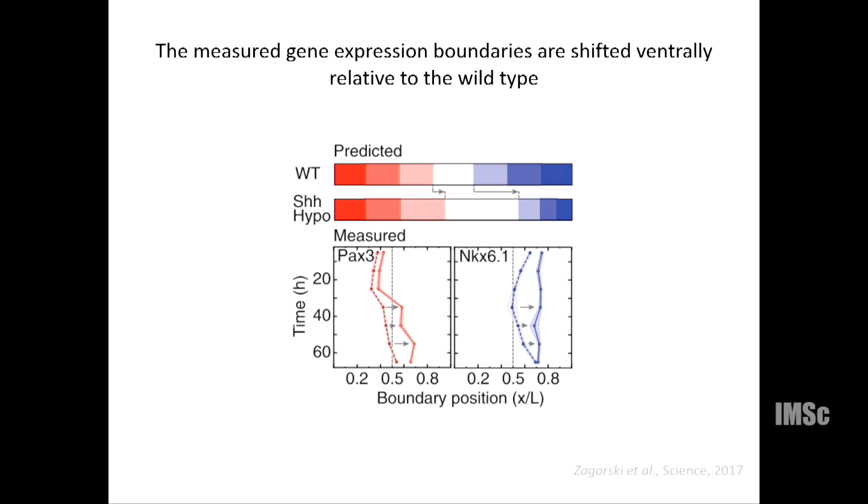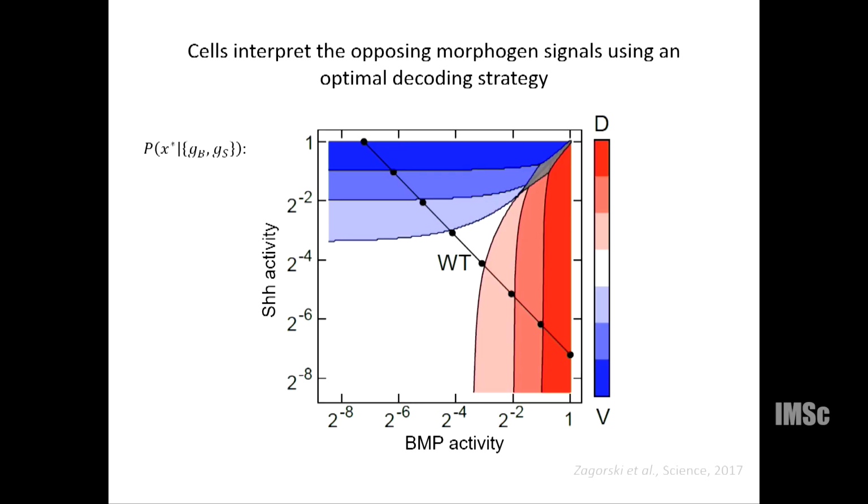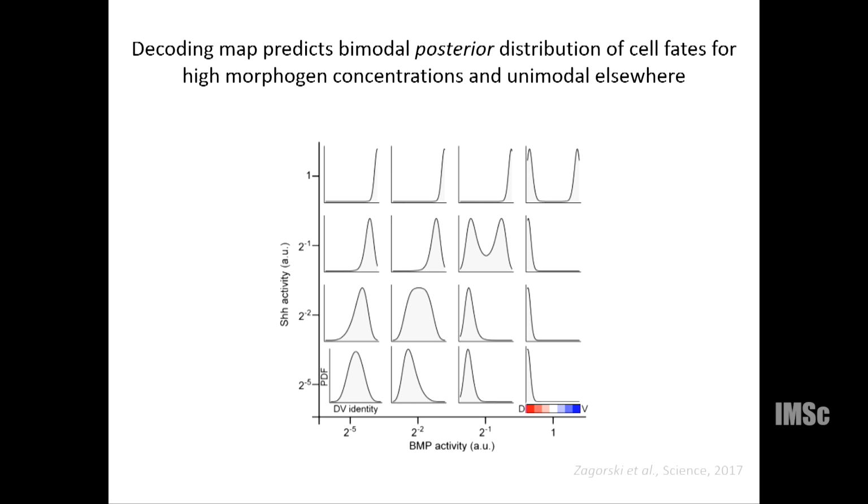But the interesting part was this shaded region here that I didn't explain. And why was it interesting? Because if you now look not into the most likely fate, but into the distribution of these fates, you see that in this shaded region it is actually getting bimodal. So here along, let's say, the wild type, it's sharply peaked. Here it is a bit more broad, but here it is bimodal.